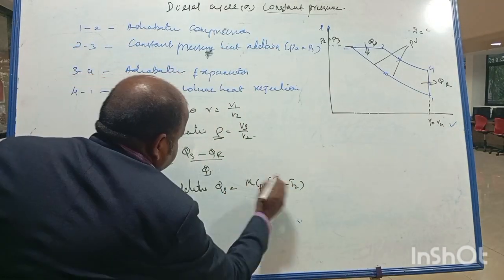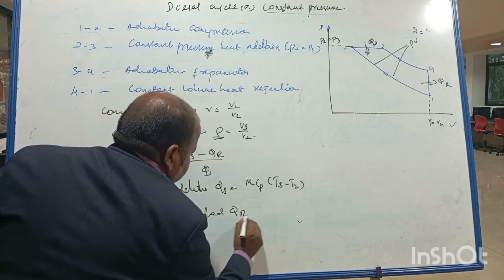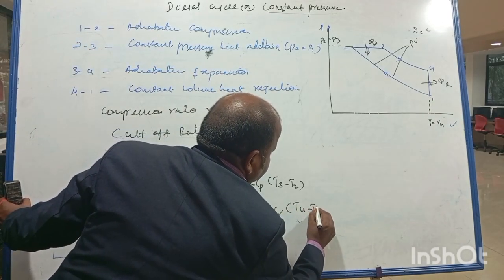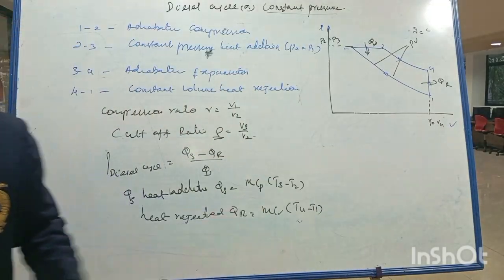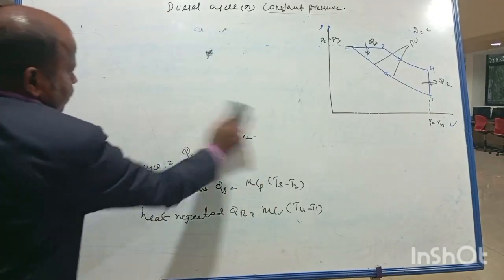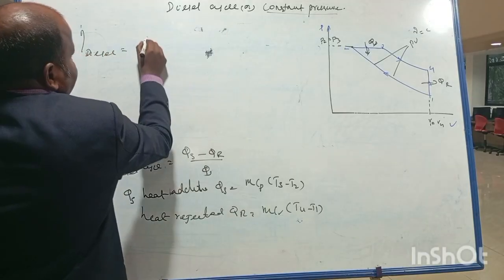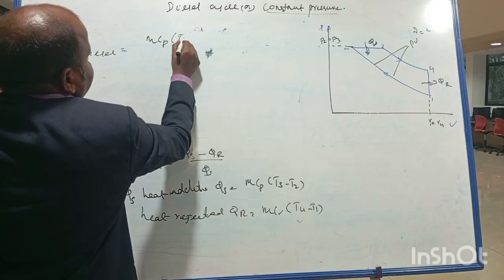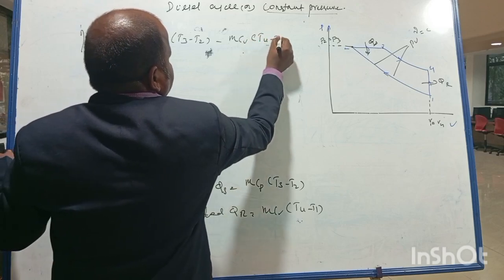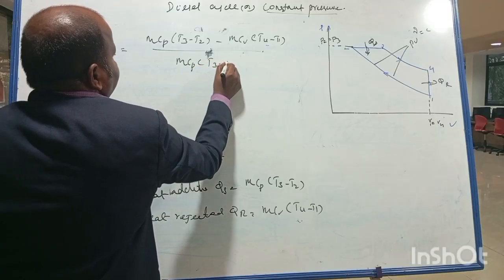The heat rejected, Qr, is m Cv into T4 minus T1. Now I am going to substitute this into the equation. The efficiency of the diesel cycle is m Cp into T3 minus T2 minus m Cv into T4 minus T1, divided by m Cp into T3 minus T2.